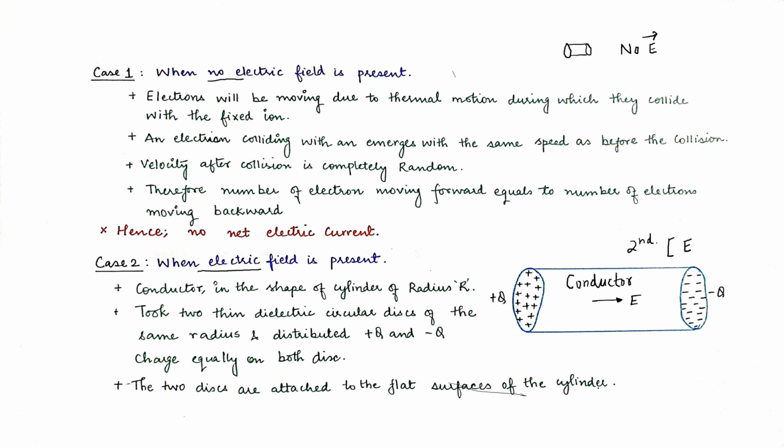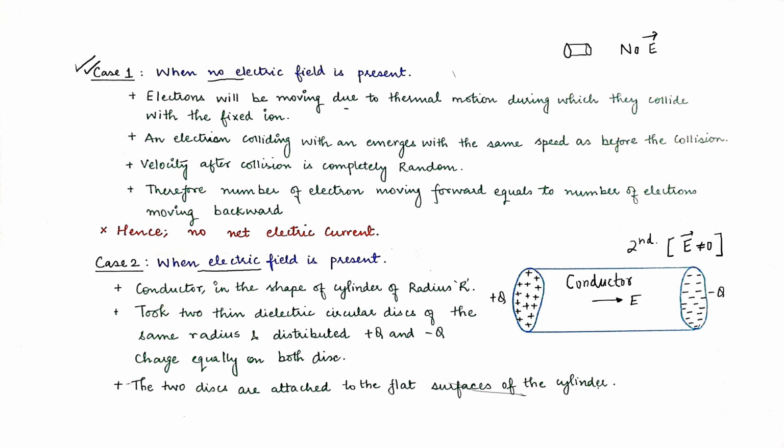Here electric field is not equal to 0. So what are the different kinds of motion of electrons in the presence of electric field and in the absence of electric field is what we are going to see in case number 1 and case number 2. So let's get started with case number 1.